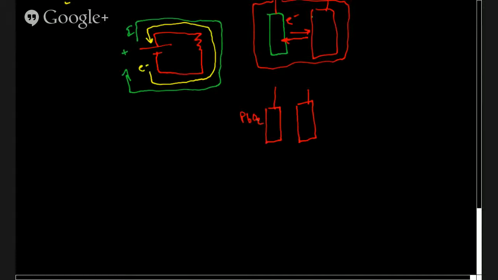That's probably wrong, isn't it? PbO, plumbum, lead. Lead's always a fun one. Lead oxide, and this will be the negative, and this will be the positive. This will be when it's fully charged.